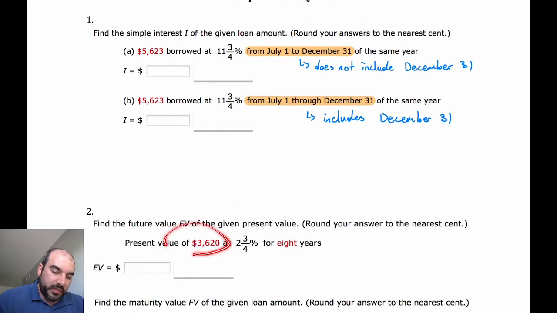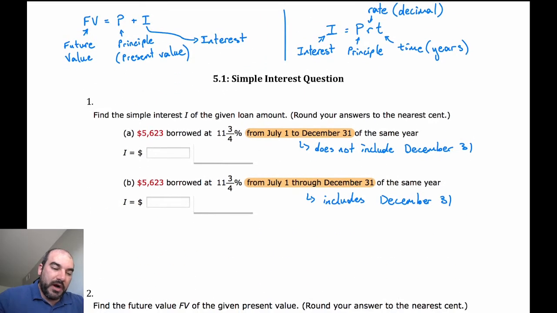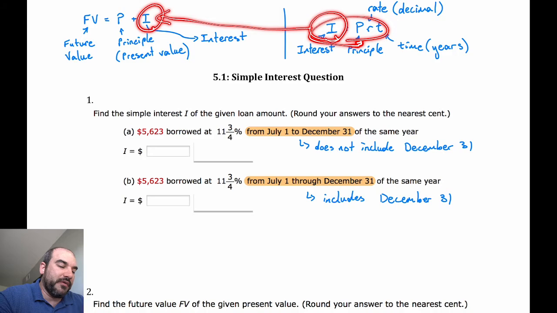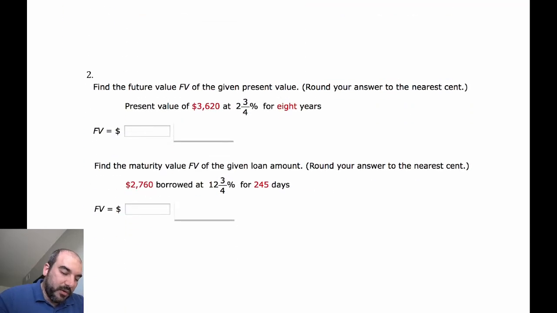Those three pieces of information are what you need to calculate the interest I, and then you'll use that interest in your future value formula to figure out what the future value is going to be for this situation.